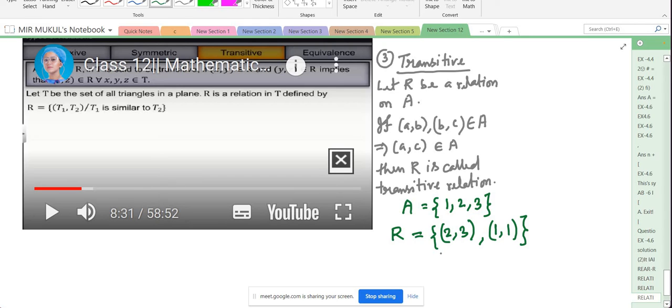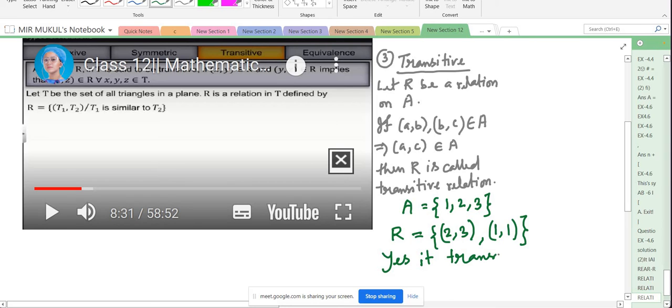Is it a symmetric relation? No, sir. Is it a transitive relation? Yes, it is transitive. Sir, how?